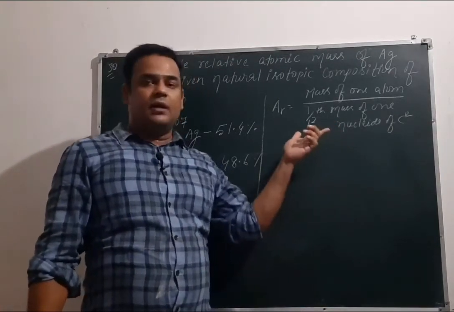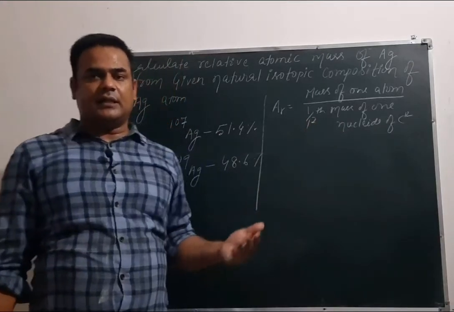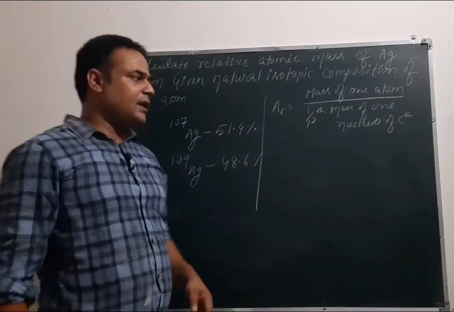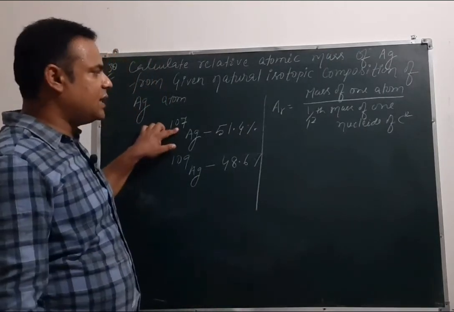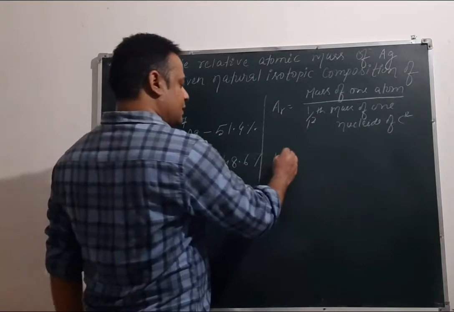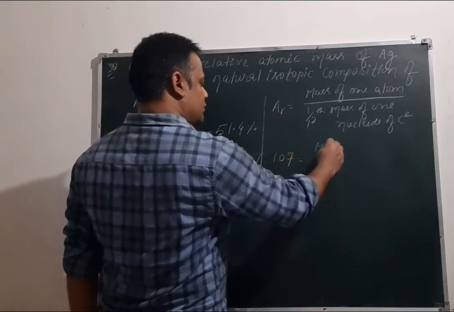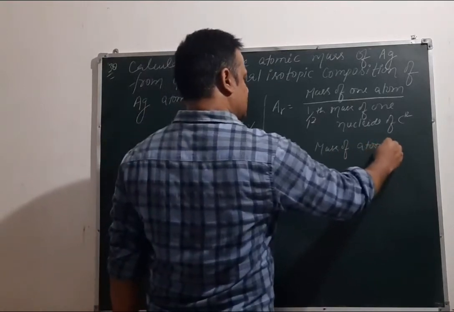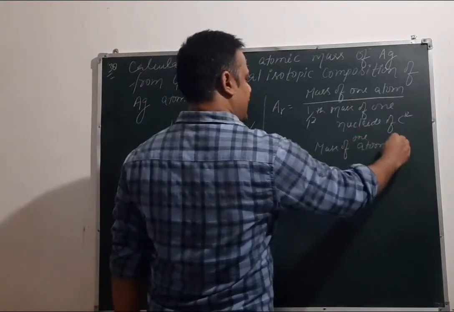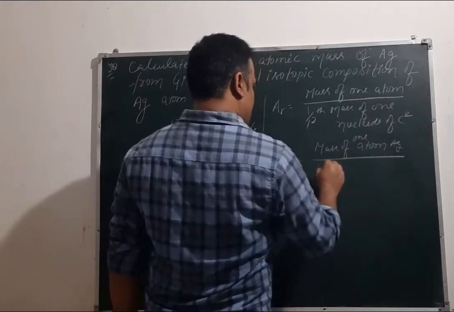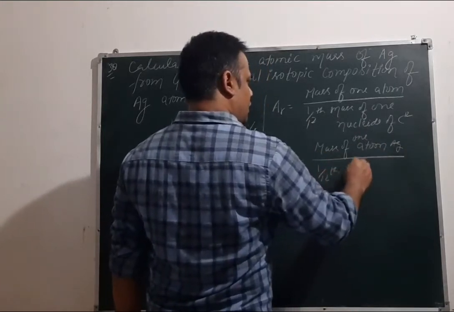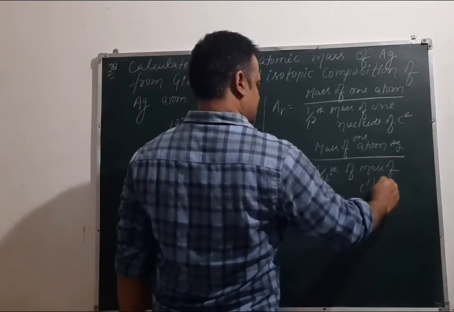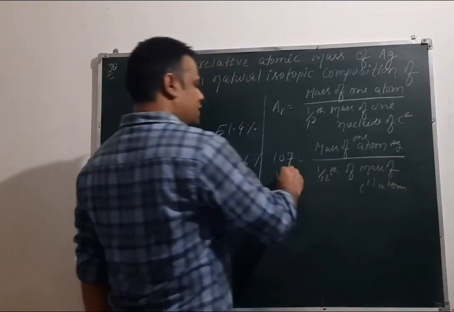I have directly multiplied the percentage and then determined the relative atomic mass. The reason is that when I write here 107, that 107 is already the mass of one atom of silver, divided by 1/12 of the mass of a C12 atom. This one is already this value.